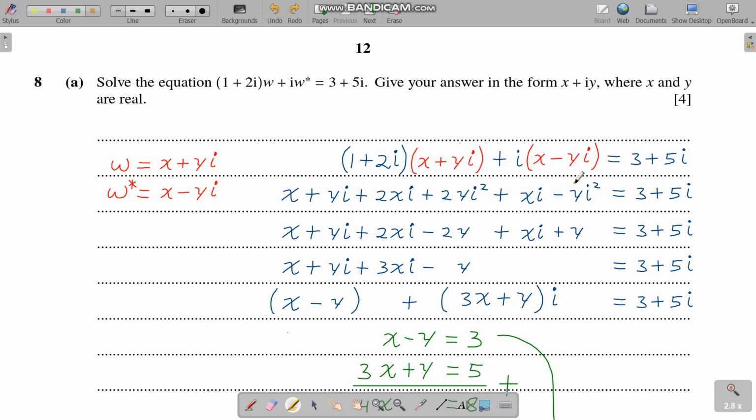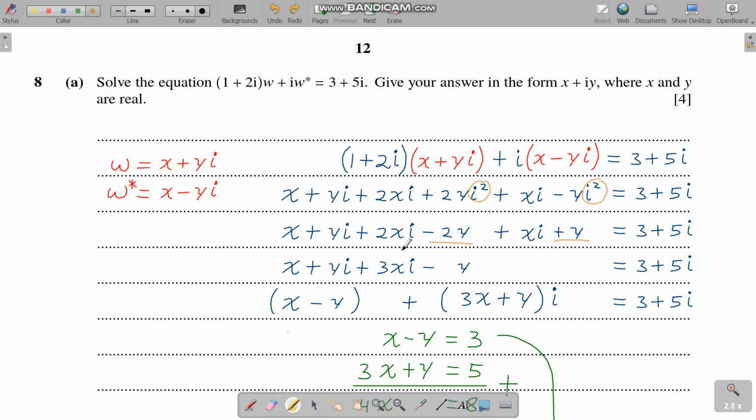And then remember that i squared is actually minus 1, so that's why we have minus 2y plus y. And then we simplify. Minus 2y plus y is minus y, and 2xi plus xi is 3xi.